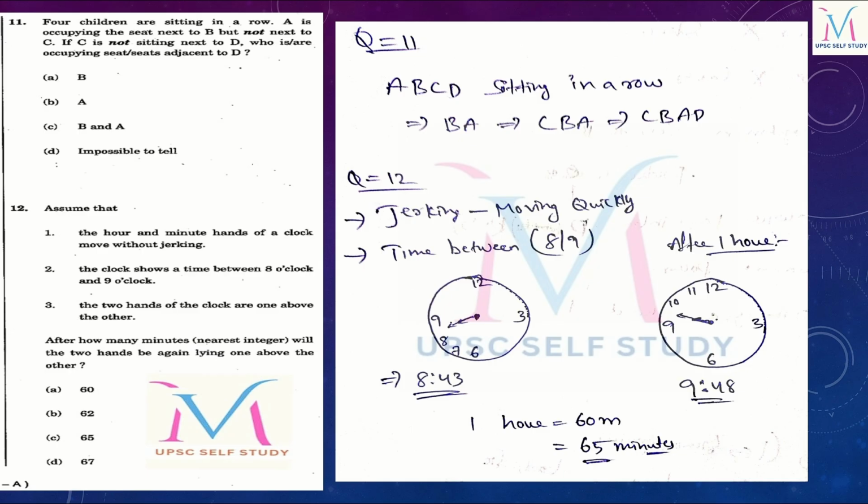So here the hour and minute hands of the clock move without jerking, so not moving quickly. And the second statement, the clock shows a time between 8 o'clock and 9 o'clock.